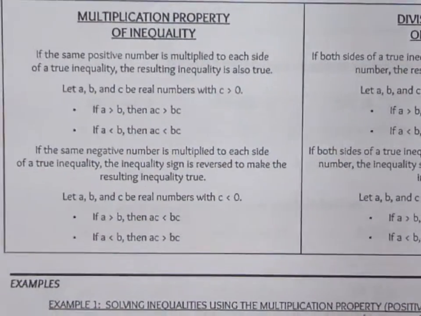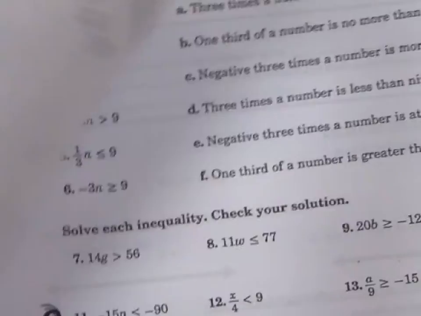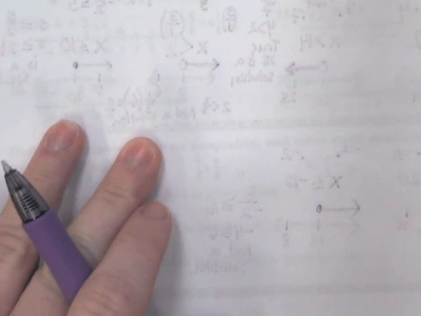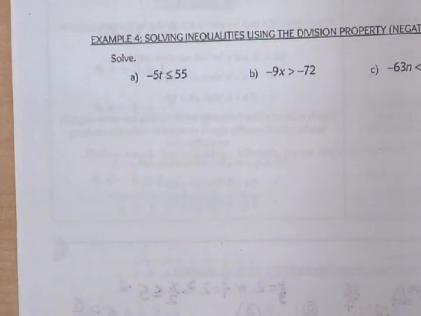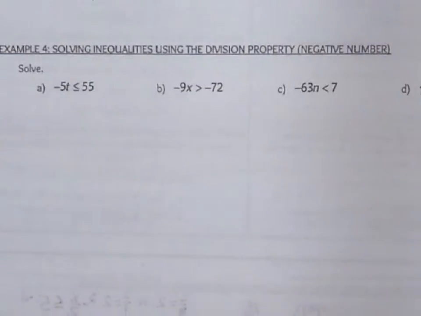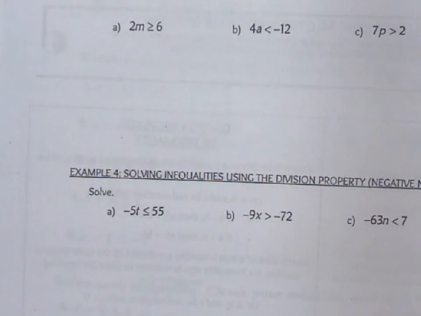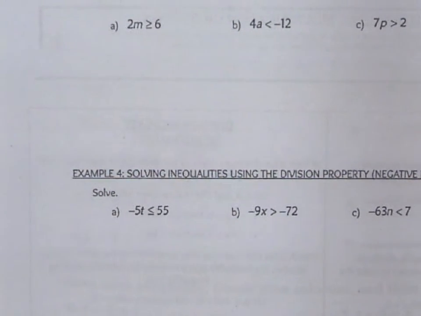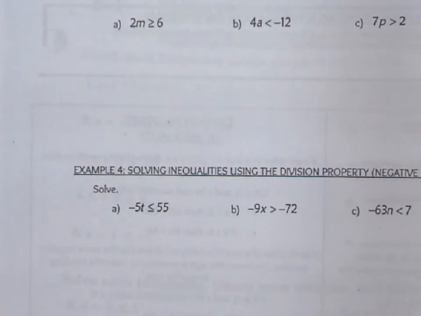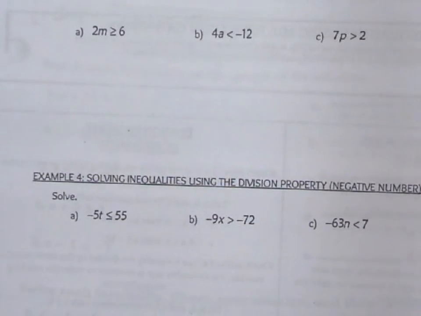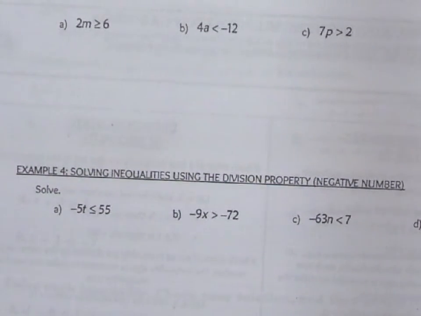All right, let's do two more. Let's just show that it also works for division. Okay. So we're going to skip to example 4 on the back so you can see. So we have examples 3 and 4 are division problems. The top deal with, let's do B right here. So I have 4a less than negative 12.